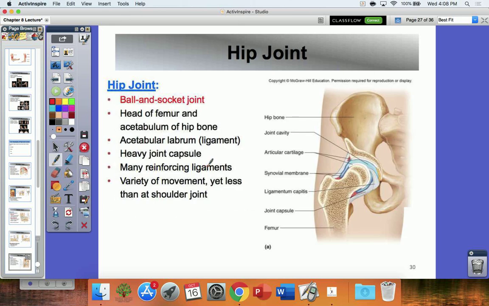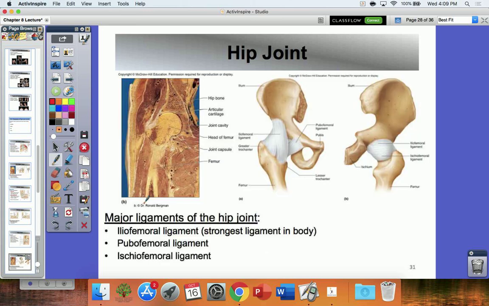Next is going to be our hip joint, also ball and socket, and we've mentioned which bones make up the ball and the socket. It's the femur and the acetabulum of our hip bones. One of the ligaments holding that together is the acetabular ligament or labrum. It is going to have a lot of movement, but not as much as the shoulder, because it is a little bit more reinforced than the shoulder joint is.